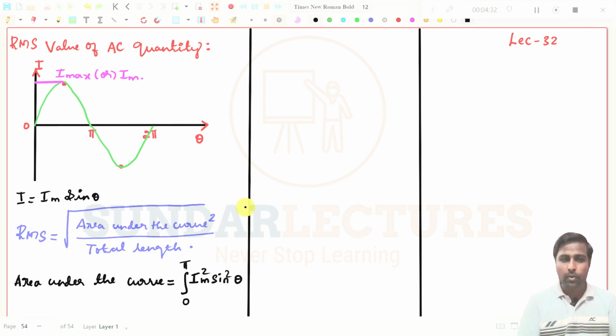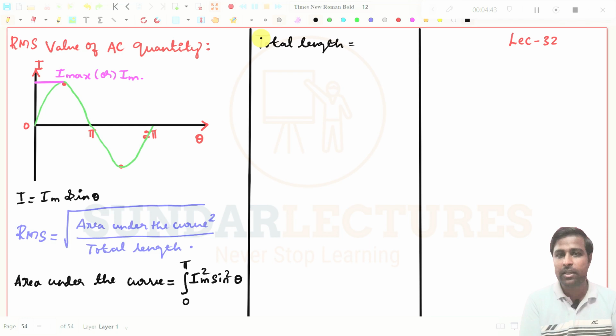And what is the total length? From 0 to pi we are taking, so the length will be pi. That's all.